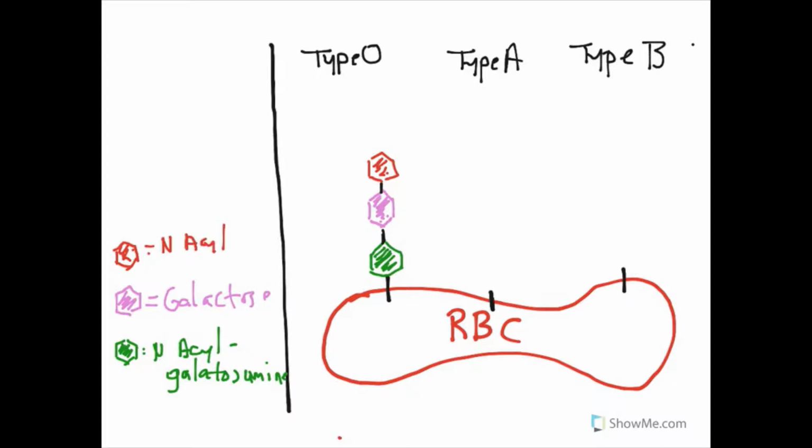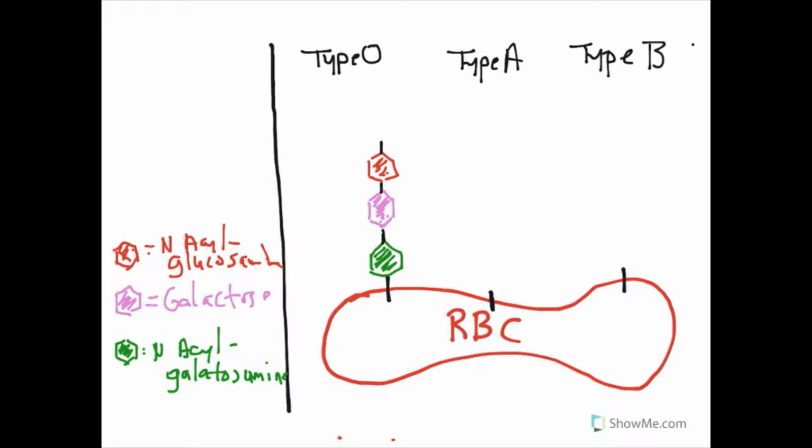And this is N-acyl glucosamine. Sorry, it's a little hard to write sometimes with the stylus. N-acyl glucosamine. Now, one more thing that we have left to put on here, and then they all will be the same.